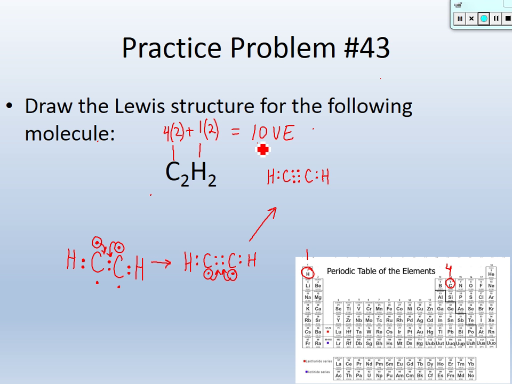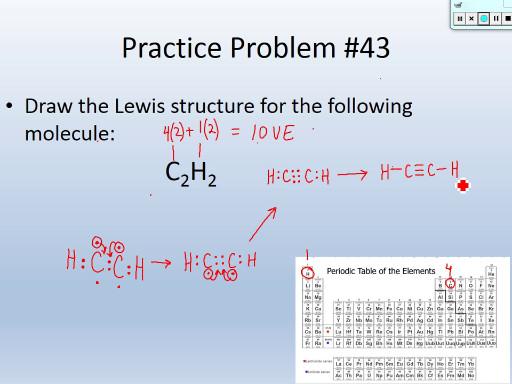But let's draw it like a chemist would, representing covalent bonds with a line. And so again, if there are shared pairs between 2 different atoms, they're going to be covalent bonds. So I'm going to have a hydrogen, and then I'm going to have a single line to the carbon, but I'm going to have 3 lines between the carbons, and then another single one here.